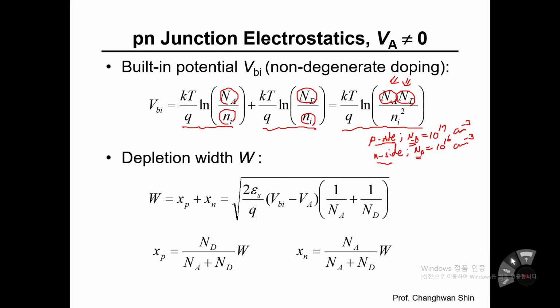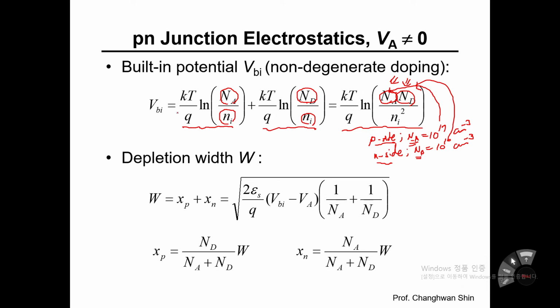What about the Nd in the N side? Whenever I'm writing down Nd for the N side, it indicates the net doping concentration in the N side, corresponding to Nd minus Na. Simply plug those two values into this equation, then you will get the built-in potential.